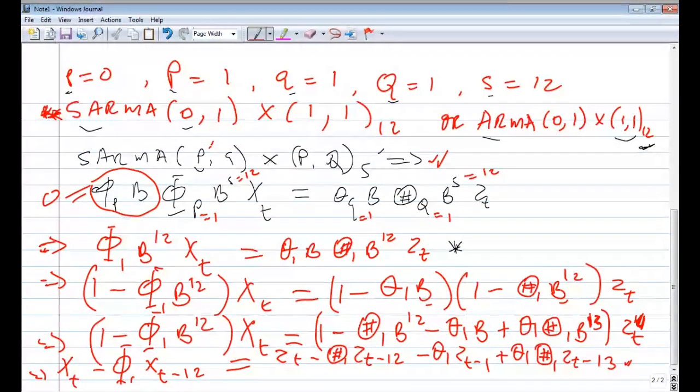I didn't get you. Okay, can you repeat? I guess that when we're doing the backshift operator, we take the common factor there and we leave it as 1 minus whatever is left, and we say the process depends on xt. Yes, I see. On this one, we just have big phi 1 B to the power 12 xt, meaning there's no common factor of anything.